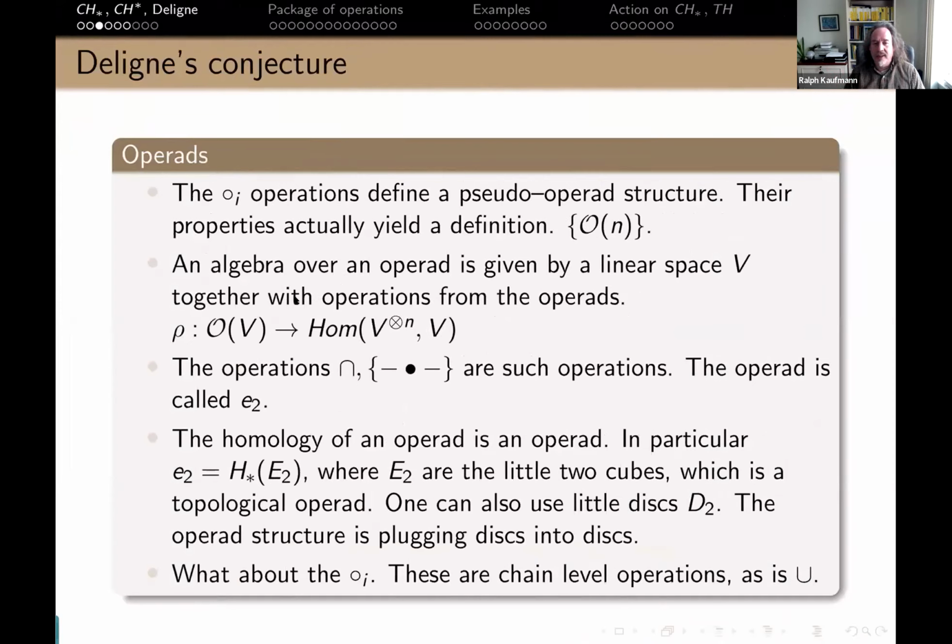And now why is that important? So we have these two operads here, right? So now this thing is not working. All right, so now it works again.